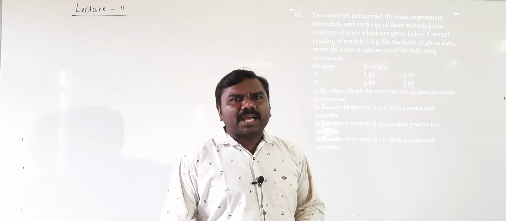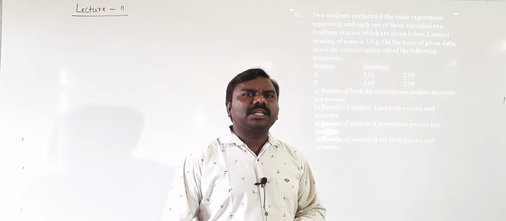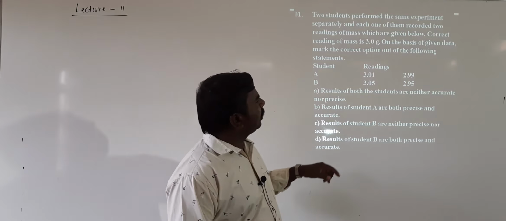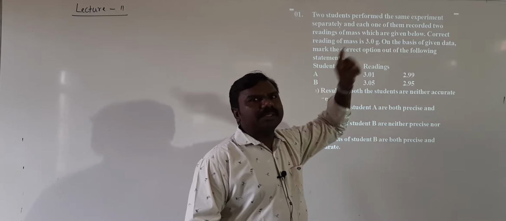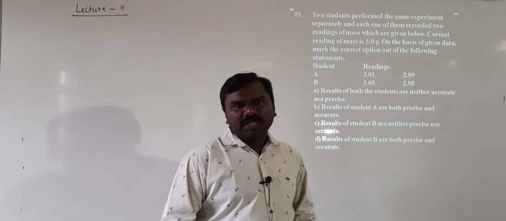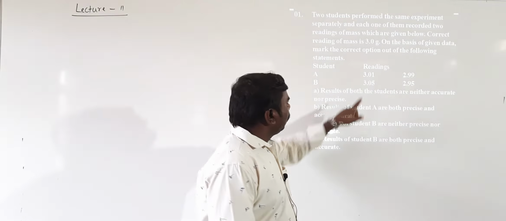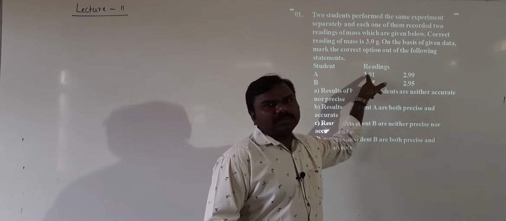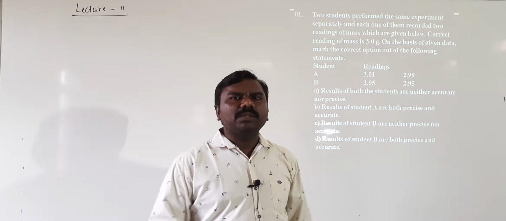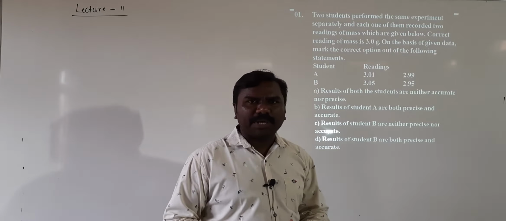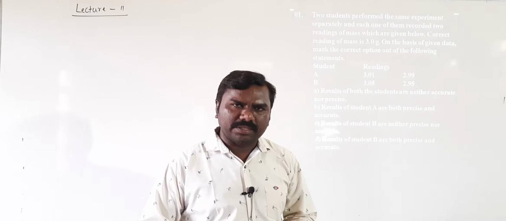Accurate means there is agreement with the true value. Agreement with the true value means the value must be very close to 3, then the result is named as accurate. If these two values are close to each other, the closeness of values of the same quantity is called precision, also called precise.